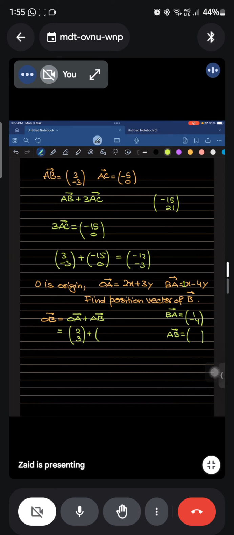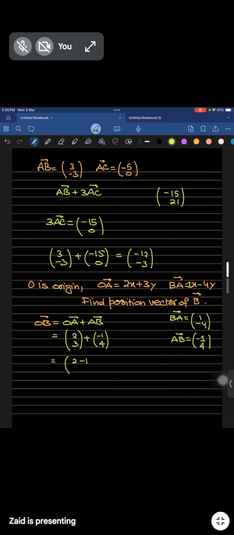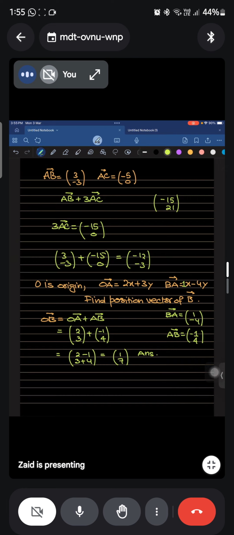So for AB, I have to flip the signs. Negative 1 and 4. Is this clear to all of you or not? Clear, sir. So I'm getting 1 and 7. This was a 2-mark question. Have a note of this, please. The class recording is there, so all of you will get that as well.